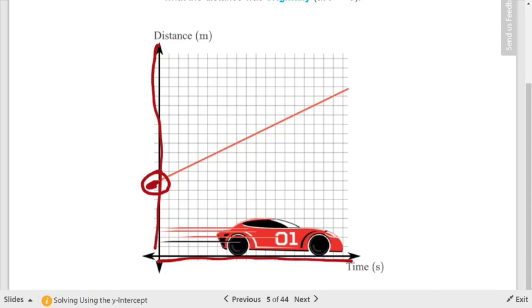And so the line starts on the y-axis. Do you see that? It's right there. Now, if that's the case, then on the y-axis, what does the x value have to be? 0. Right? Because when you start something, on the y-axis, it's got to be 0. Because when you start something, have you done any of it?